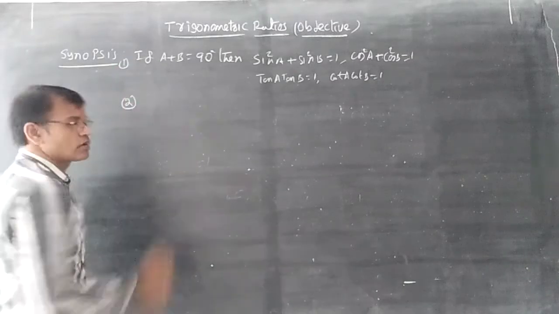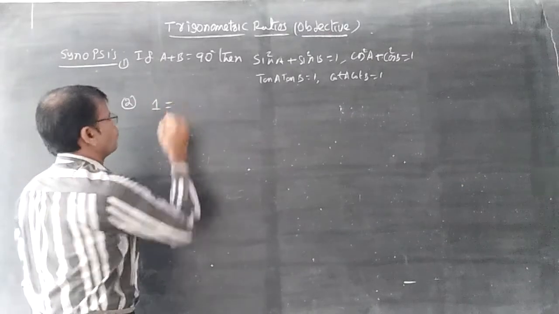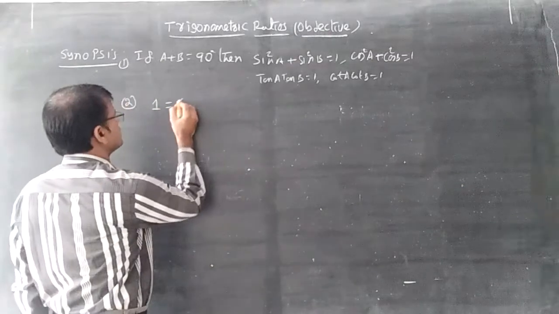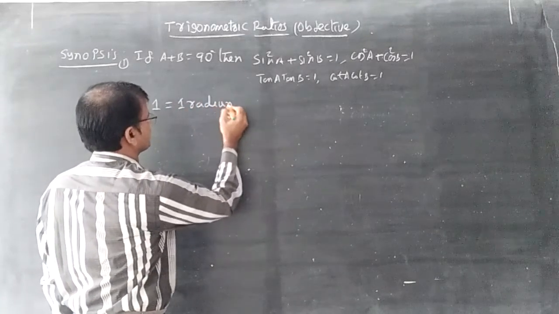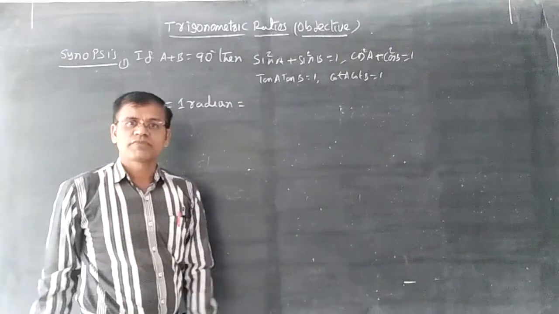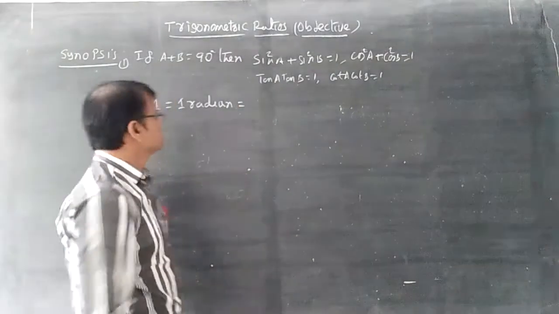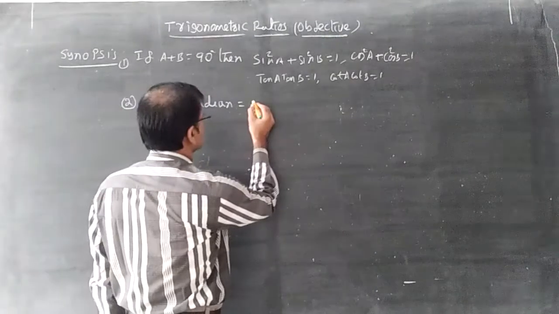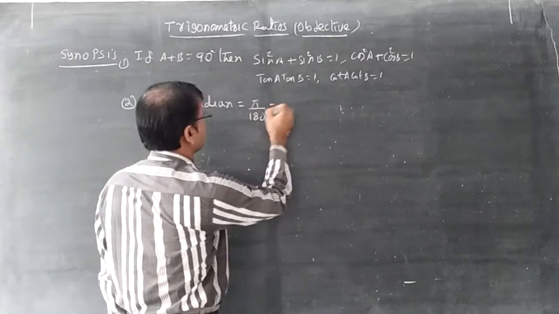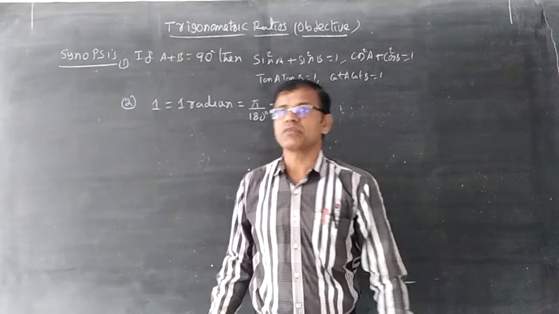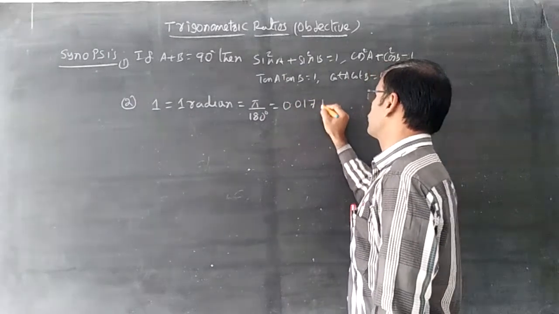Next one, in our trigonometry, one simple meaning of 1 is 1 radian. At the start I mentioned the sexagesimal system, centesimal system and radian system. So 1 radian means pi by 180 degrees, its approximate value is 0.01745.